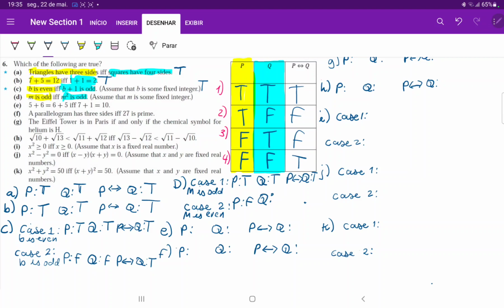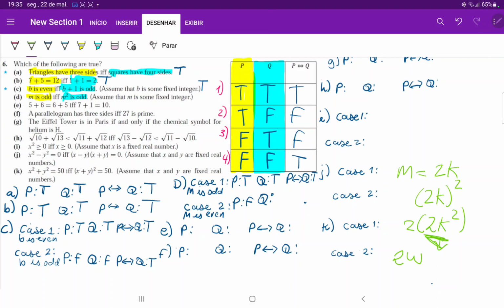So in the case where m is even, it means that, as we saw previously, m is equal to 2k for some integer k. So when we square this, we're going to get 2 times 2k squared. This is also an integer, this whole thing here. So this is the same thing as saying 2w, where w is an integer.